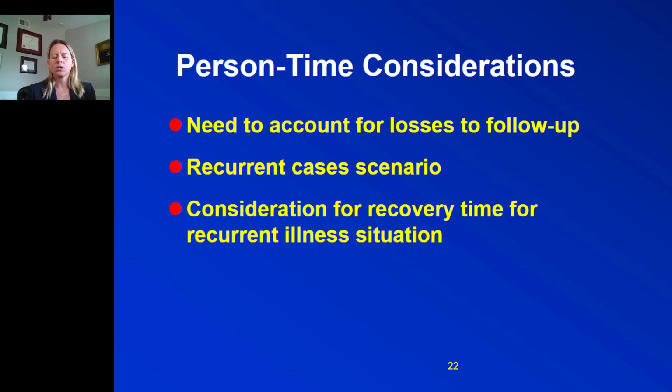And in some situations you have to account for recovery time in the case of recurrent illness. The time during which someone is ill from the disease we're studying has to be accounted for when calculating their total person time at risk. And we'll go through some examples of this.